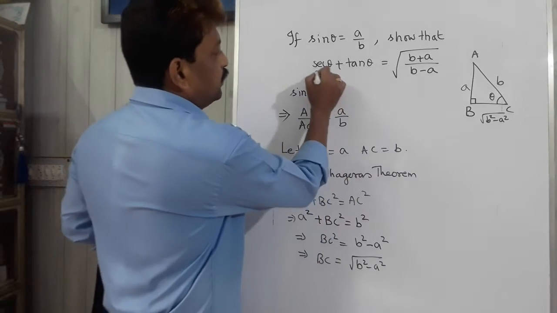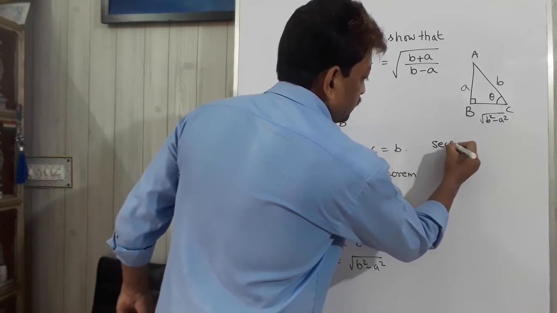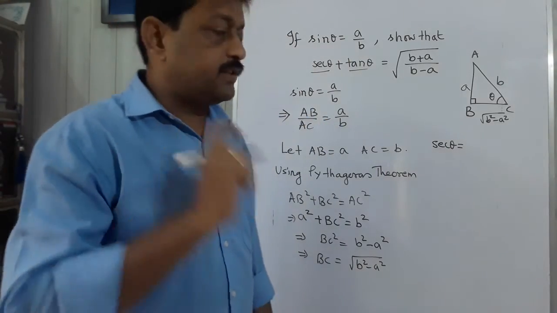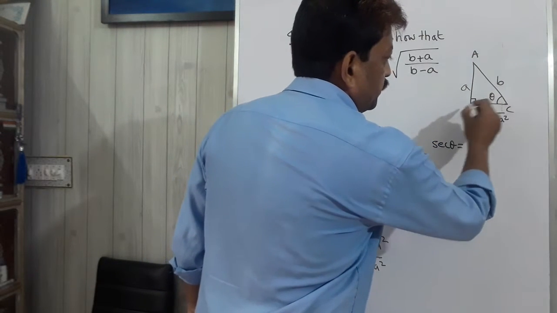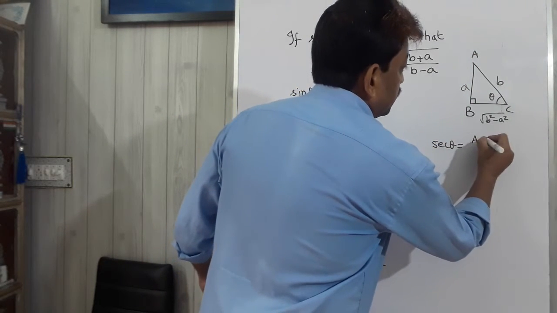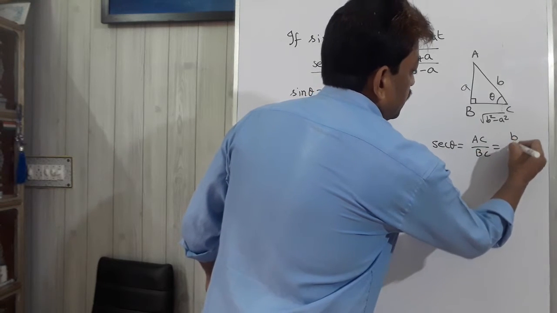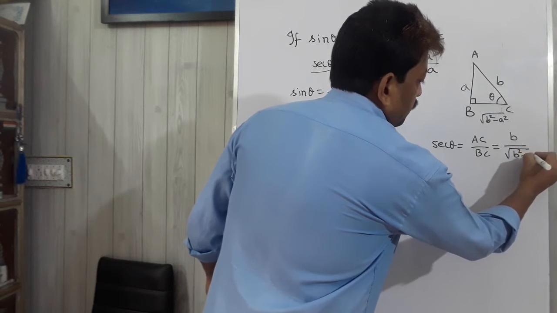We have to find the value of sec theta and tan theta. So what is sec theta? Sec theta is the reciprocal of cos theta, so sec theta will be hypotenuse upon base, that is AC upon BC. So AC is b and BC is root over b square minus a square.